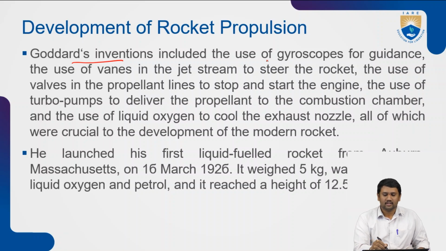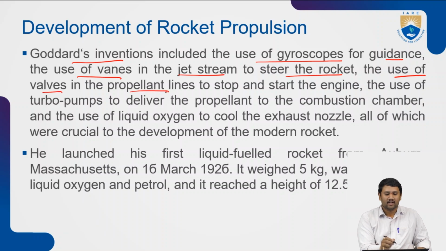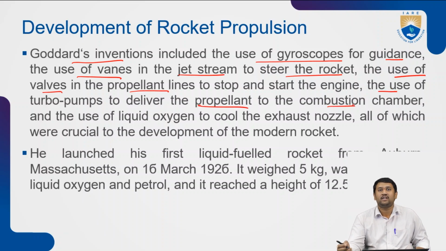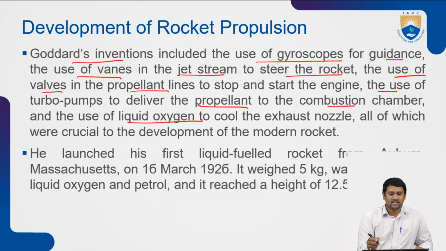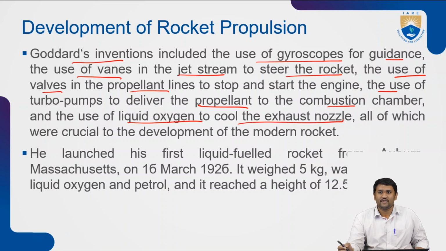Those include the use of gyros for guidance of rockets, the use of vanes in the jet stream to steer or maneuver the rockets, the use of valves in the propellant lines to stop or start an engine as and when required, and the use of turbo pumps to deliver propellant into the combustion chamber to create the necessary pressure and combustion temperatures to effectively increase the exhaust velocity, as we have discussed earlier. And to use liquid oxygen, which we carry around, to cool the exhaust nozzle, all of which are crucial for the development of modern rockets.